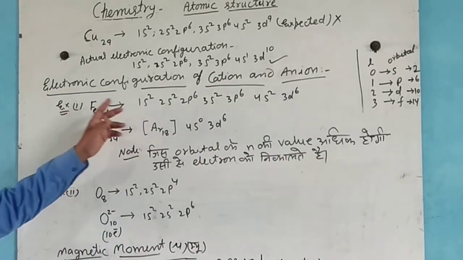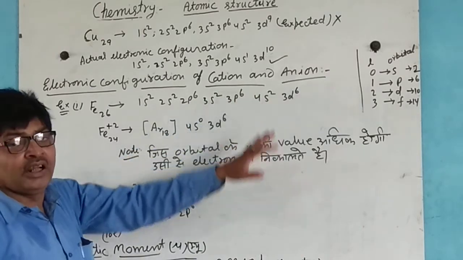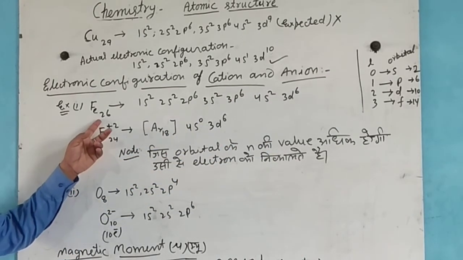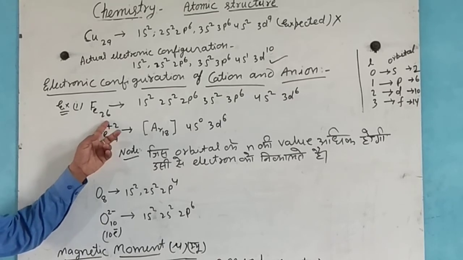Now the electronic configuration of cations and anions. In this case we take iron, atomic number 26.